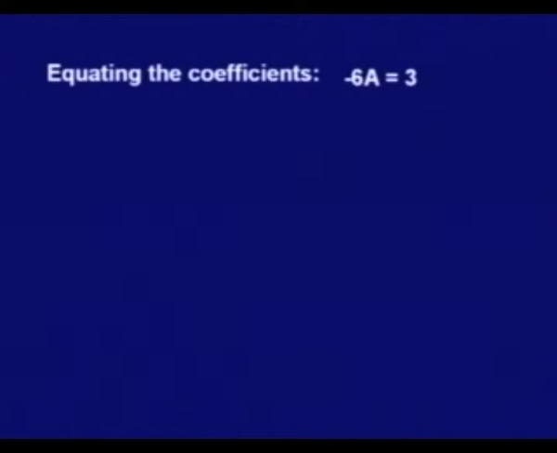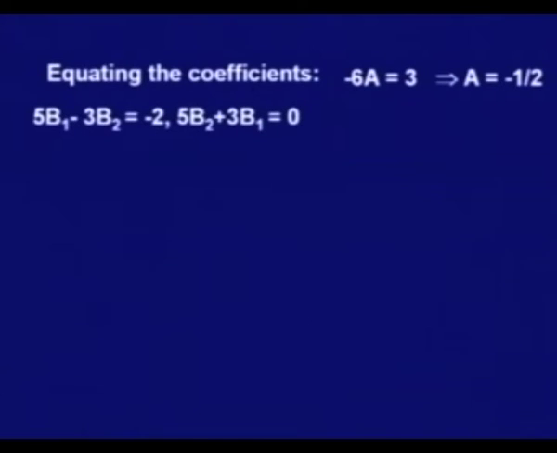So, equating the coefficients I am getting minus 6a is equal to 3, which gives me a is equal to minus half. Second, for cosine and sine, 5b1 minus 3b2 is equal to minus 2 and 5b2 plus 3b1 is equal to 0. Solving these equations, we get b1 as minus 5 by 17 and b2 as 3 by 17.